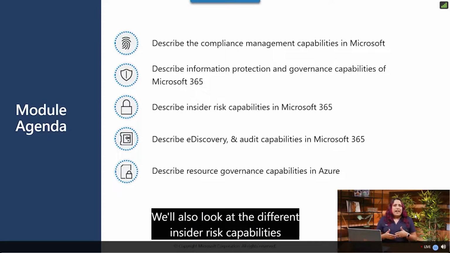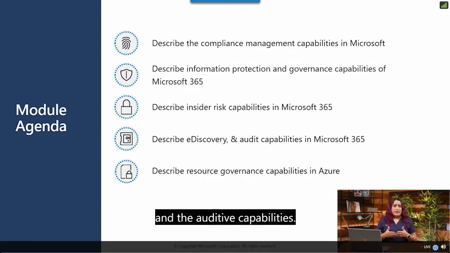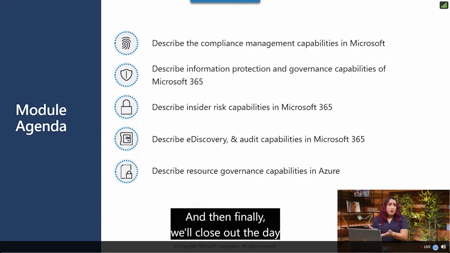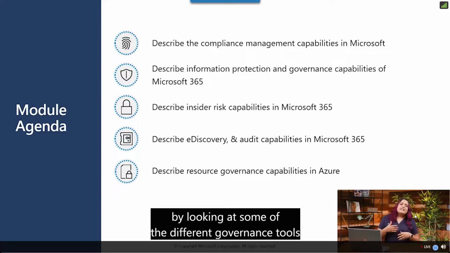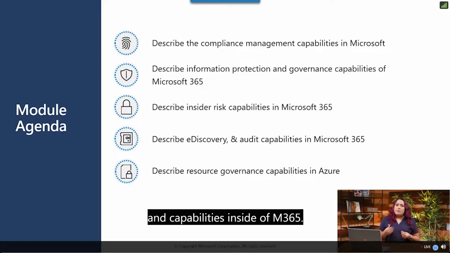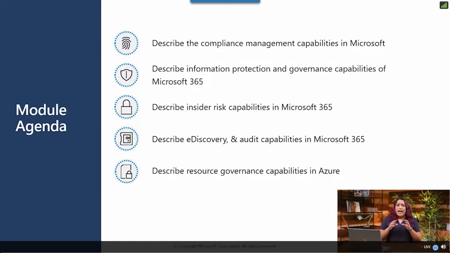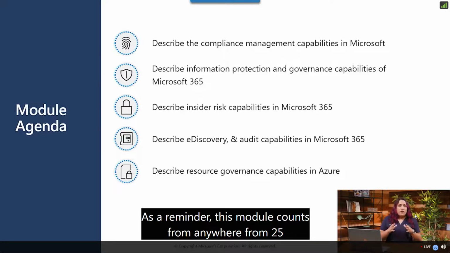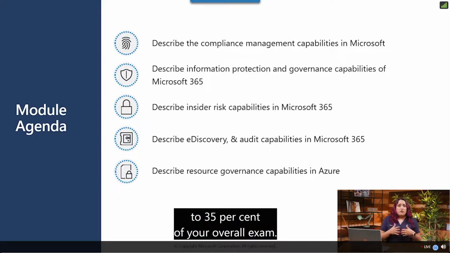We'll also look at the different insider risk capabilities and the auditing capabilities. And then finally, we'll close out the day by looking at some of the different governance tools and capabilities inside of M365. As a reminder, this module counts for anywhere from 25 to 35% of your overall exam.